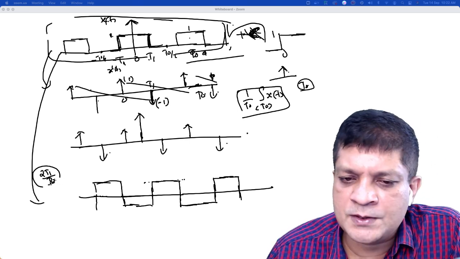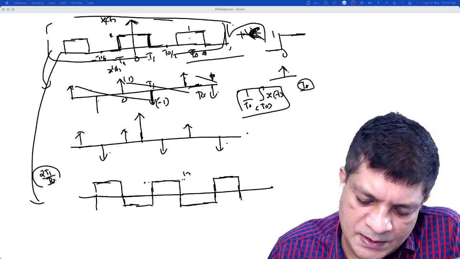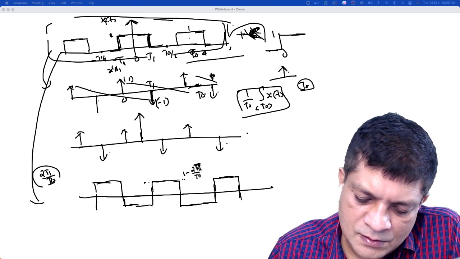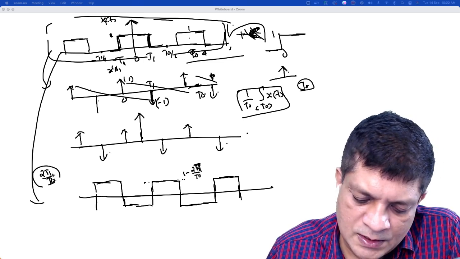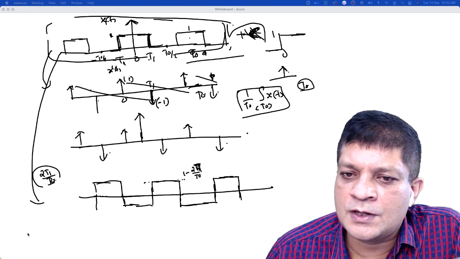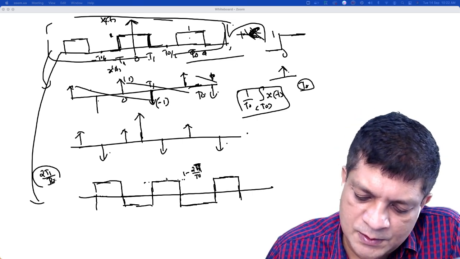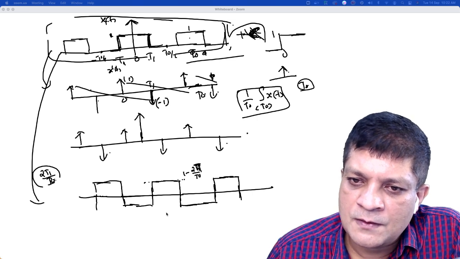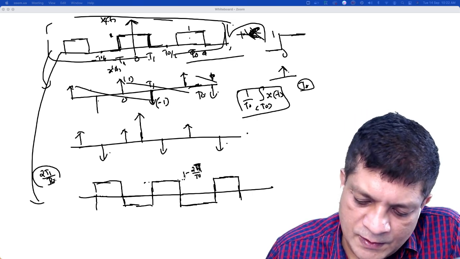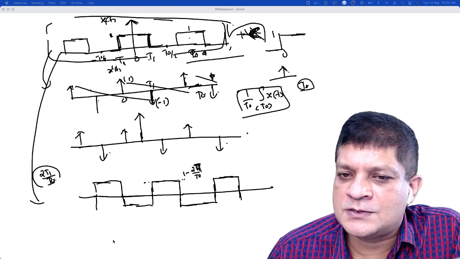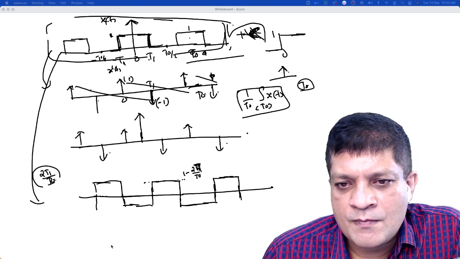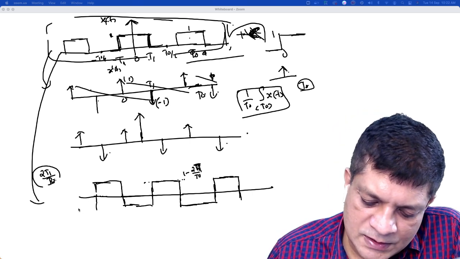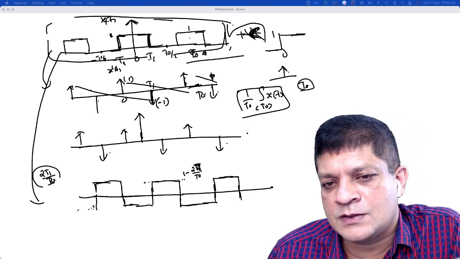You are shifting down by 2T1 by T naught. So the peak amplitude of that signal is 1 minus 2T1 by T naught, isn't it? Yes, that is the signal. So can we say that this is a signal having 0 average value?